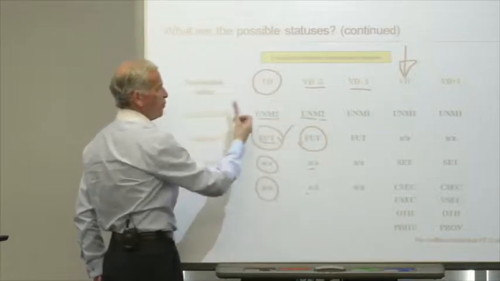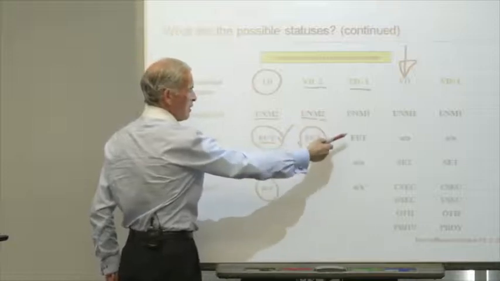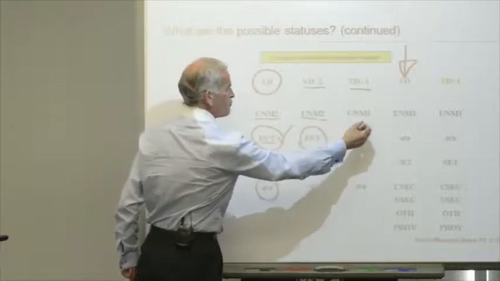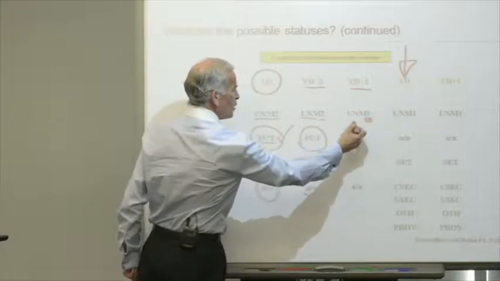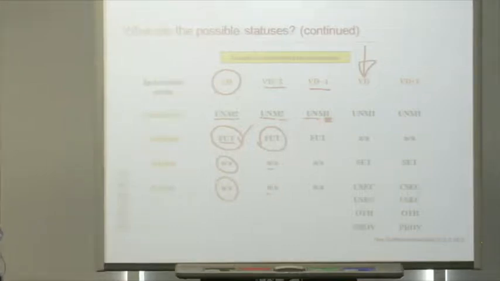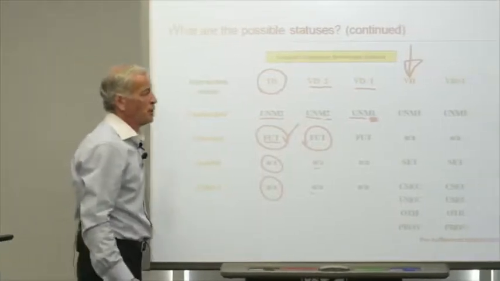If, though, we now get to value date -1, and if our instruction is in with the CSD, but there is still no matching instruction from the counterparty, it will still be UNM, but now the priority moves up to UNM1, otherwise known as urgent unmatched.